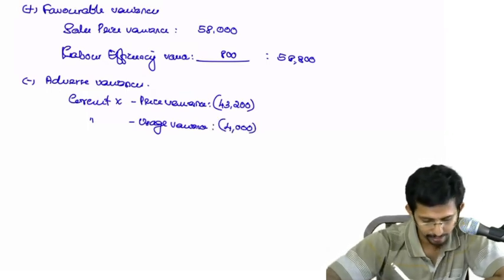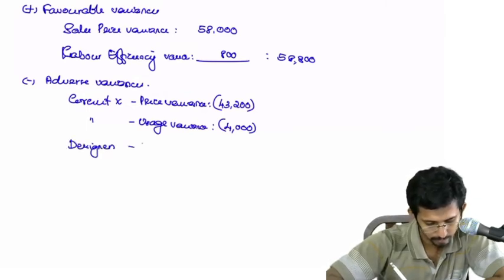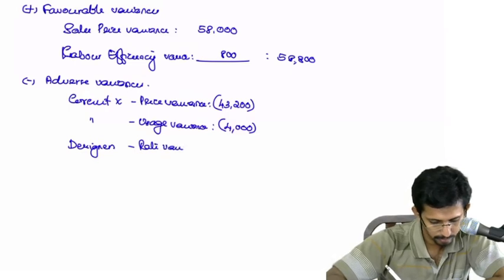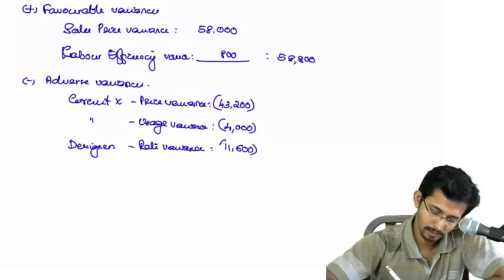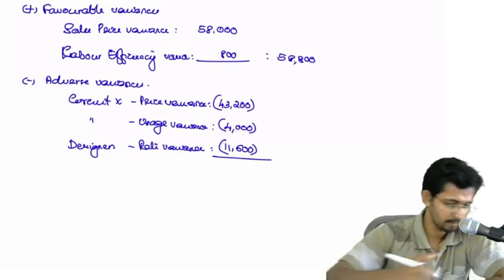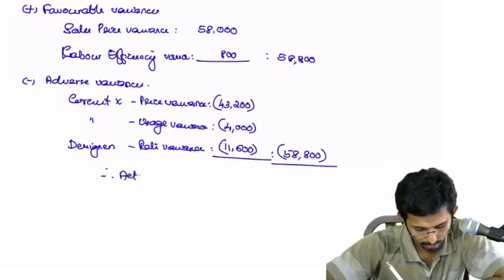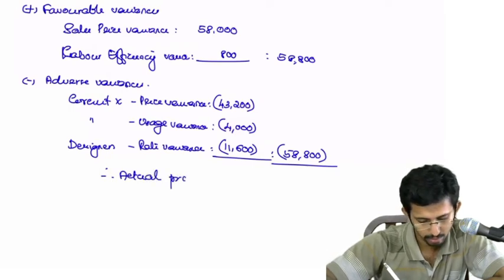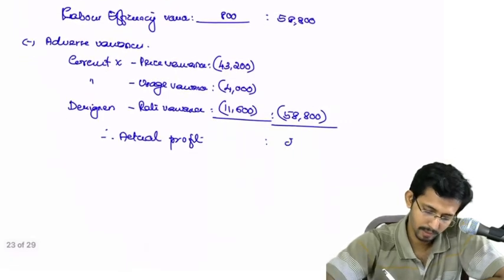Then you have rate variance, designers, $11,600. Total $58,800. Therefore, actual profit is 26,000.